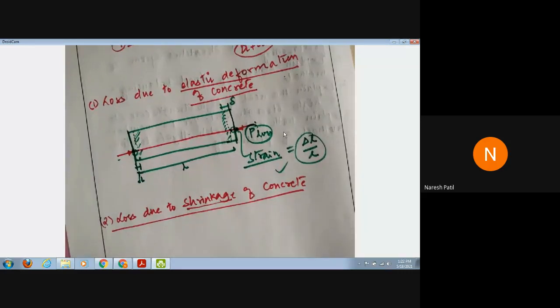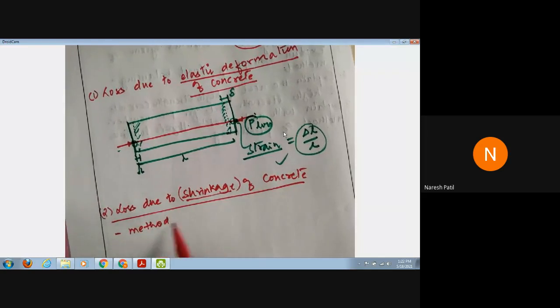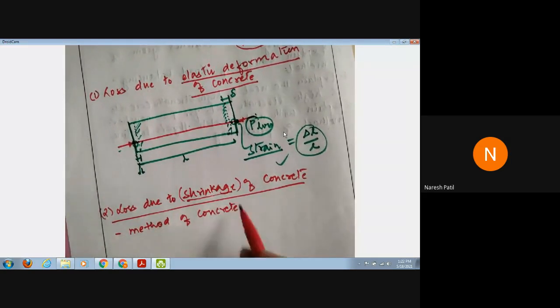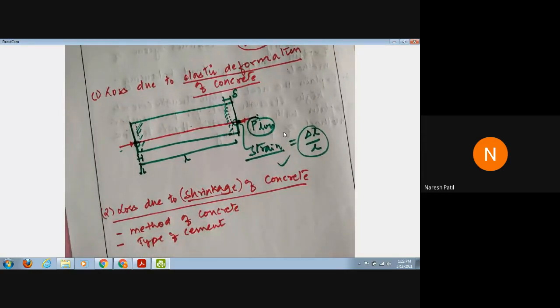So the shrinkage depends on many parameters. First, the method of concreting. Then the type of cement, the type of cement you use also changes the shrinkage property. Then the type of aggregate.